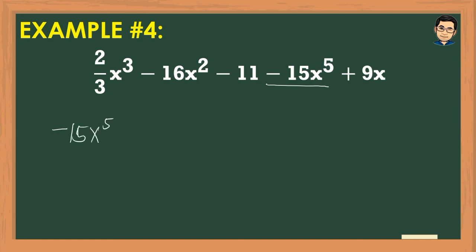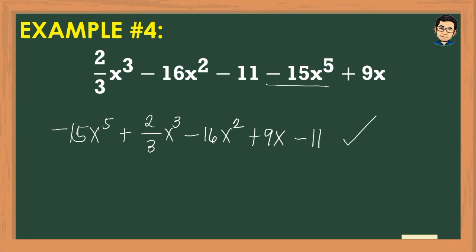And then, katapos ng 5, yung 4, since wala tayong 4, move tayo dun sa 3, that is plus 2/3 x cubed. And then, after ng 3 is yung 2, so negative 16x squared. And then, yung x plus 9x. And then, pinakahuli yung constant term, negative 11. So, this will be our final answer.